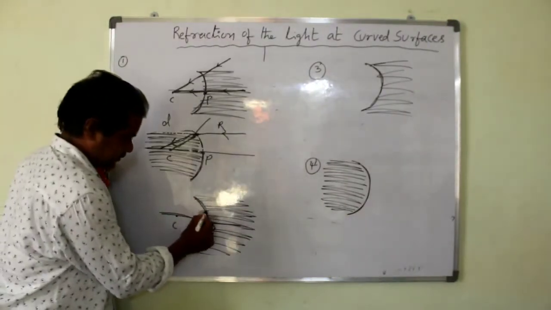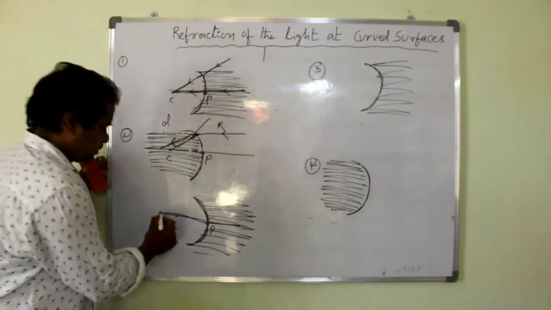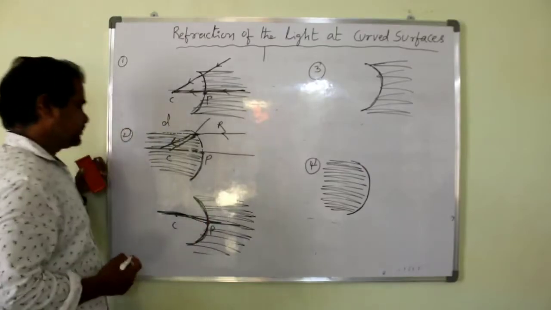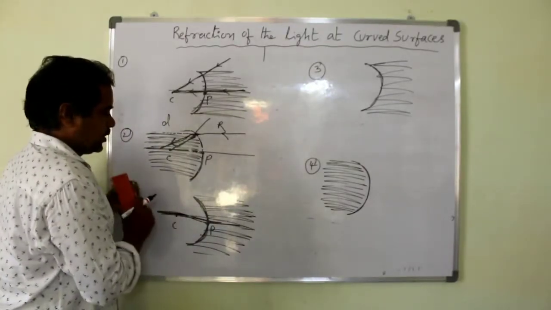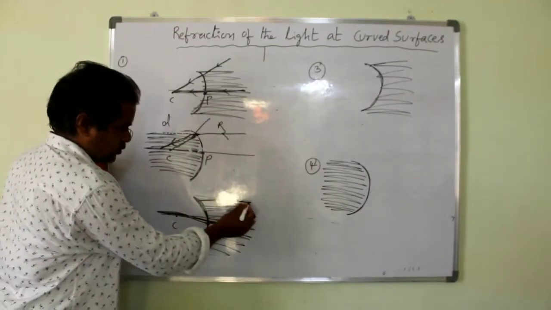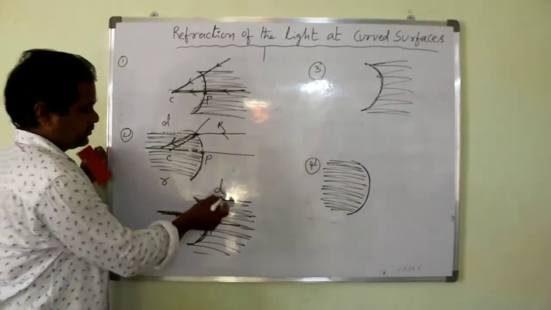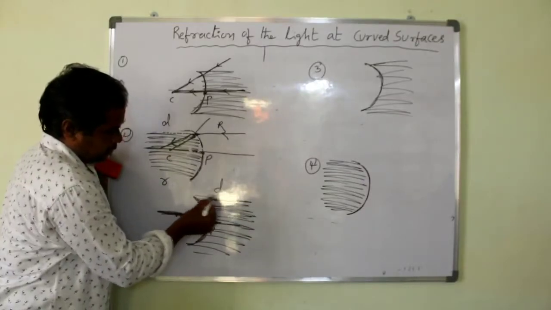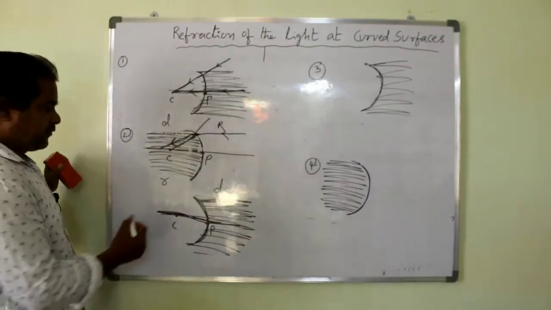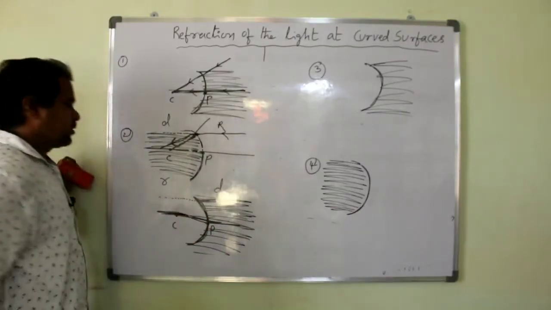So here in this case, the curved surface is a convex surface, bulging outwards. The line which passes through the center of curvature and the pole is called the principal axis. So here, if you take any light ray which moves from denser to rarer medium and travels parallel to the principal axis, to understand the behavior of the refracted ray, draw the original direction of the incident ray in dotted form.